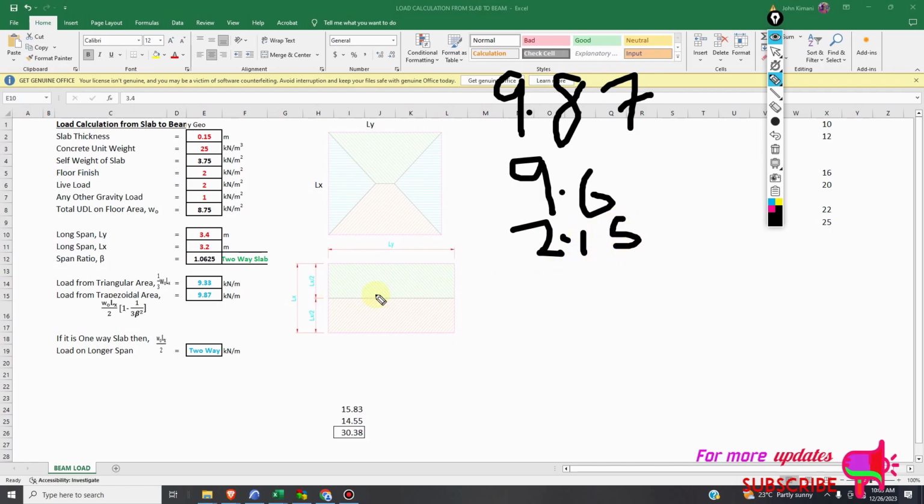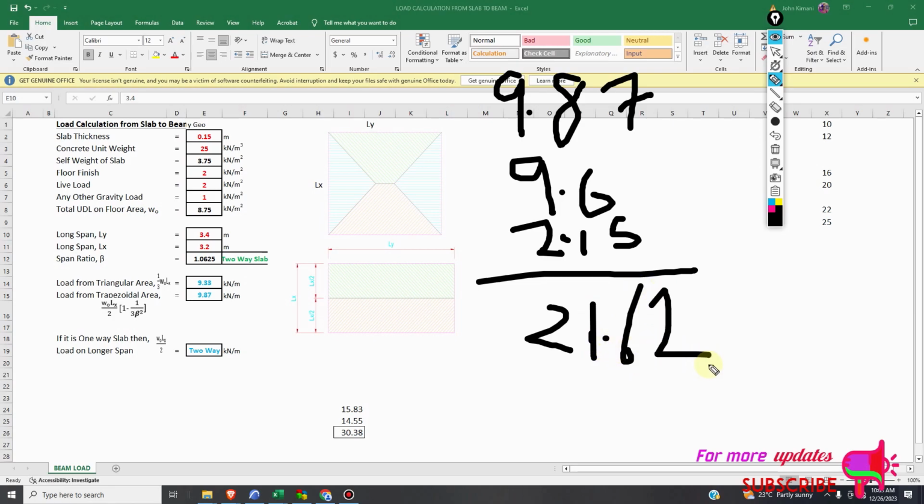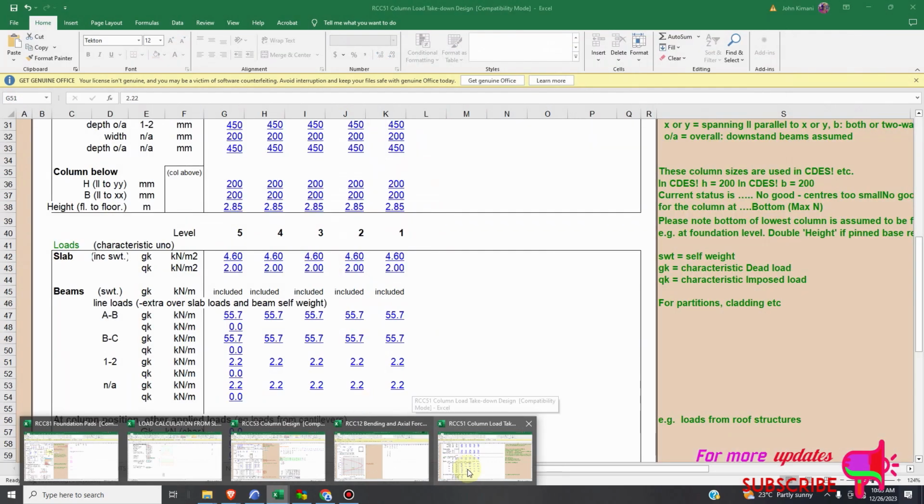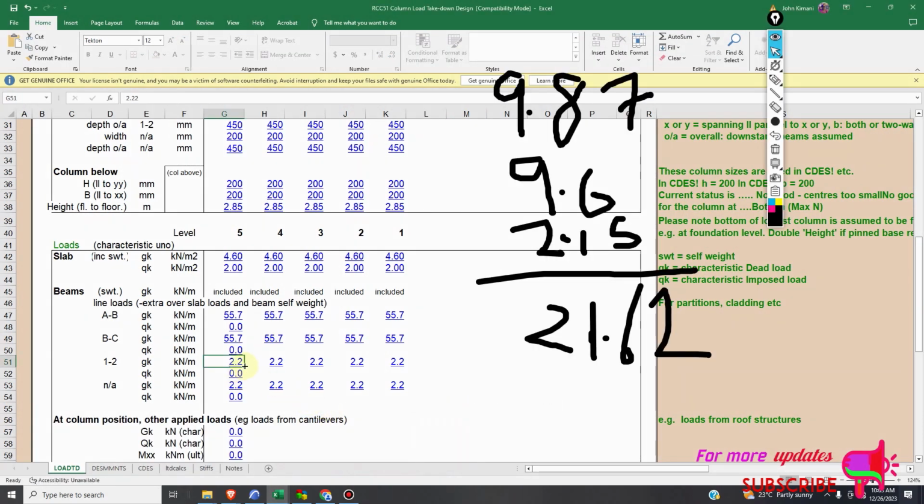And then it has just those. So that would be a total of, if you add the summation, 9.87 plus 9.6 plus 2.15. That will be 21.62. Remember, we usually design for the most. So I will pick this for the entire beam, even the other side. So 21.62.